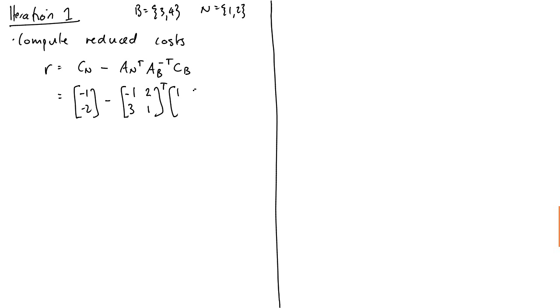A_B was the identity, inverse transpose, times c_B. c_B is the third and fourth entries of c, which is just 0, 0. You can see obviously this last term is just going to multiply out to 0, so our reduced costs are just -1 and -2.